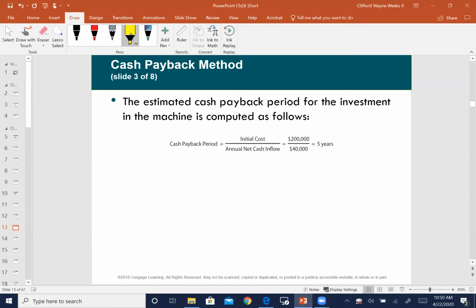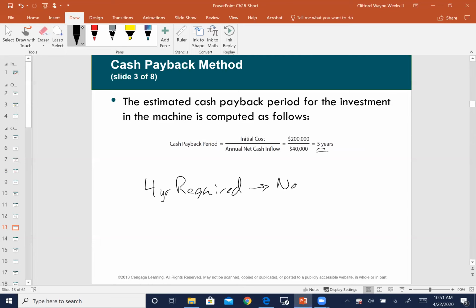So the question then is, should we do it? Well, we need to have some sort of expected payback period. If our company says, hey, we want to make sure that everything pays back in 4 years, 4 years is required, then we'd say no to this investment.